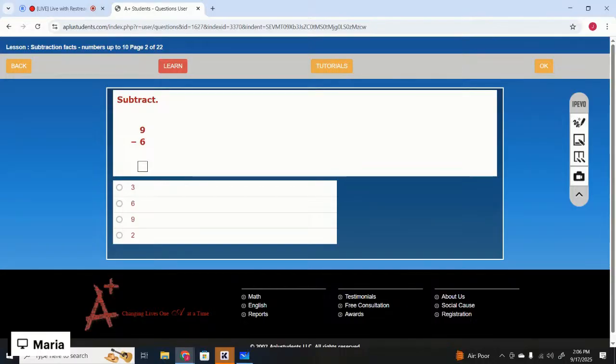Start with 6 and count up to 9. So it will be 6, 7, 8, 9. So 9 take away 6 is 3. Option number 1 is the correct option.